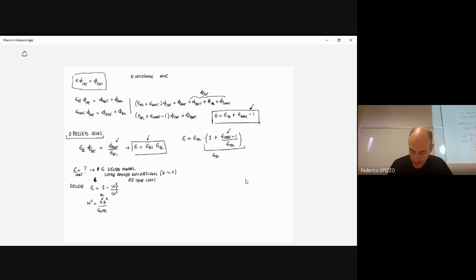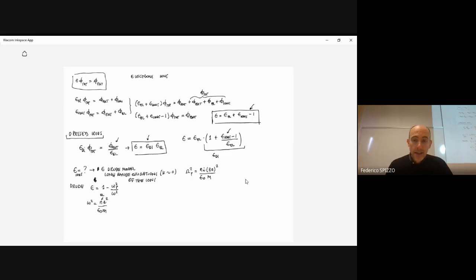So what we need to do now is just to replace the value of omega square of plasma, because in the case of the ions, we have to say that n is the ionic density, e squared is the square of the charge of the ion, then ε0 is ε0, and then we have the mass of the ion.